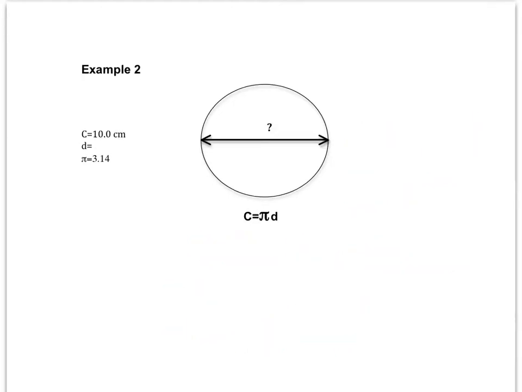So here's a second example for us to do, and we're trying to solve for diameter when we've been given the circumference. So our circumference value is equal to 10.0 centimeters, which is equal to pi times our diameter, which is what we're looking for. Now if circumference is equal to pi times diameter, diameter should be equal to our circumference divided by pi.